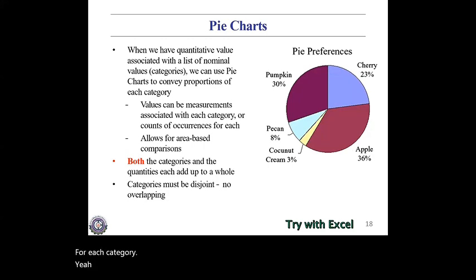Both the categories and the quantities add up to the whole. So as we can see here, the proportion of the total product, or maybe the produce. It depends on the types of the data, so you can find the appropriate chart.